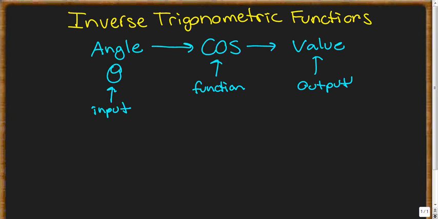Okay, so in inverse, we have a value, which now we're going to have as an input, right? We put it into our inverse one, which our inverses will look two different ways. One of them I prefer more, and that would be to write it like this.